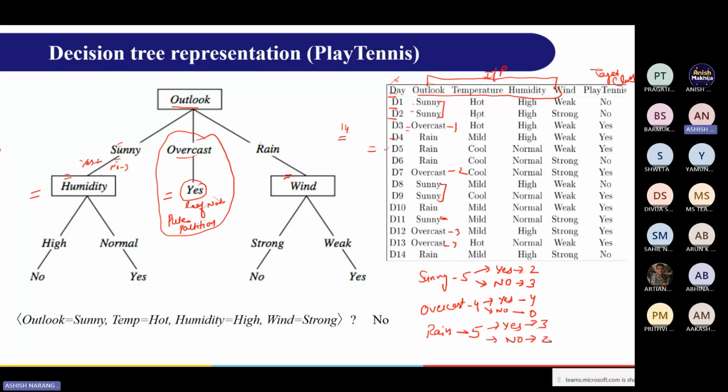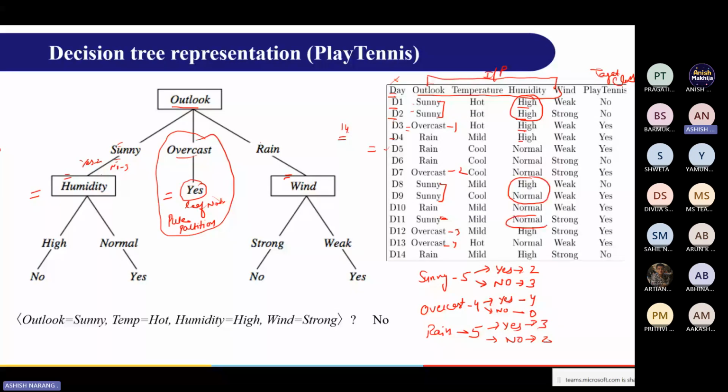After that test, I am testing humidity: high or normal. Under these, where the outlook is sunny, I have high, and here I have high and normal, and one record normal.